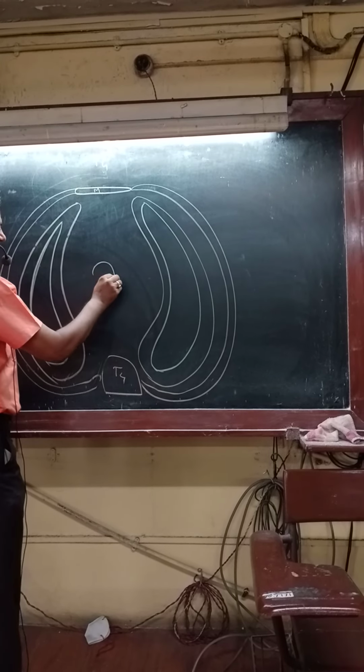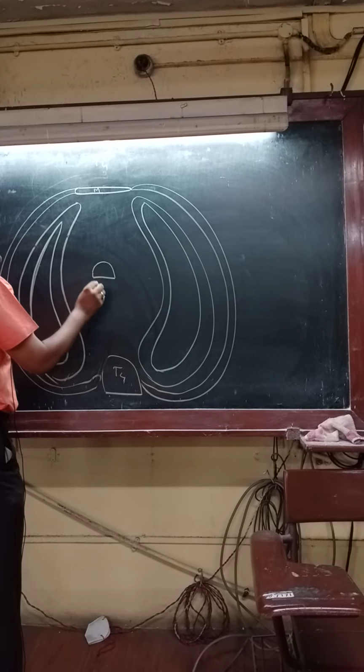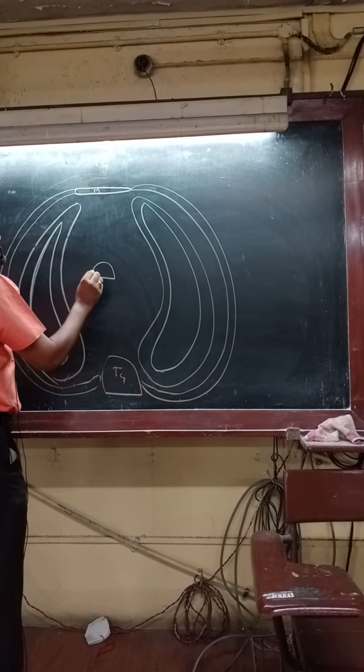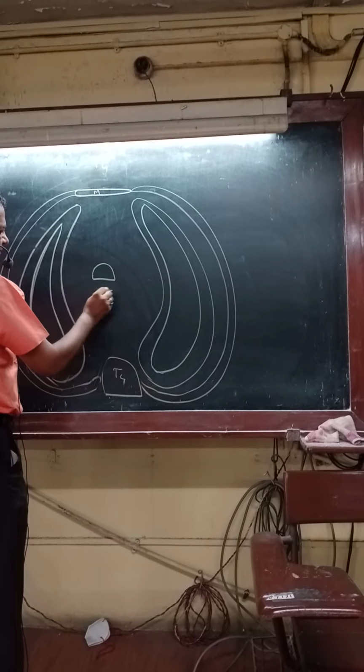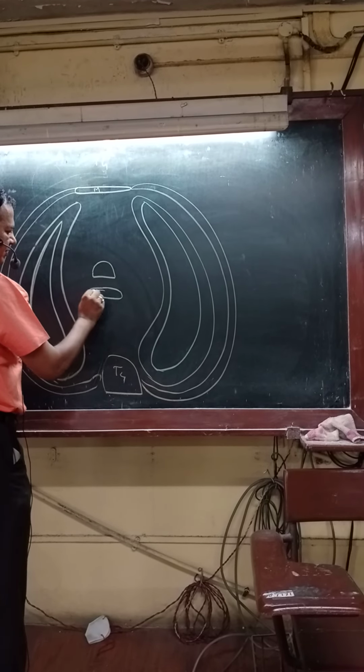So here is the trachea. And behind the trachea is the esophagus.